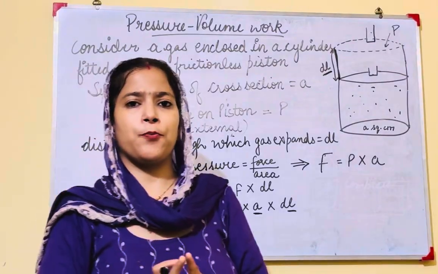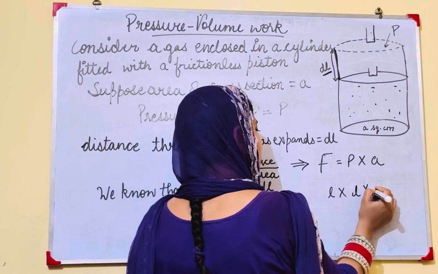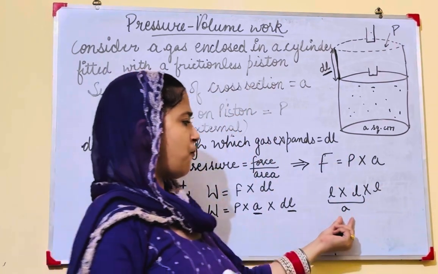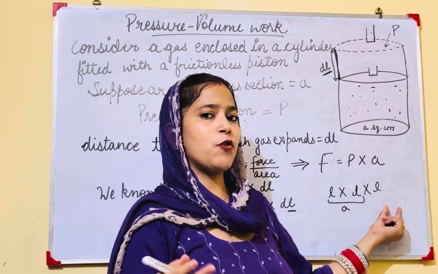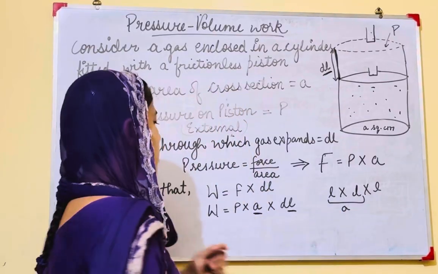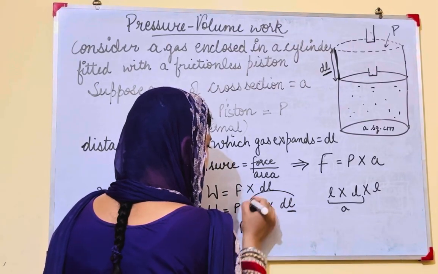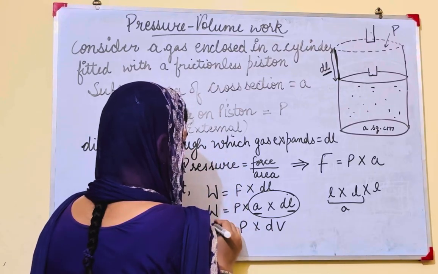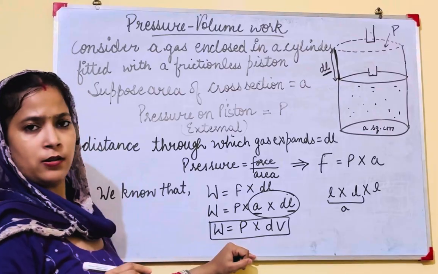What is volume? Basically volume is length multiplied by length multiplied by length. Length multiplied by length is area. When we multiply area with length, we get volume. So we can write W is equal to P, and these together can be written as dV. So this will be the expression of work done.